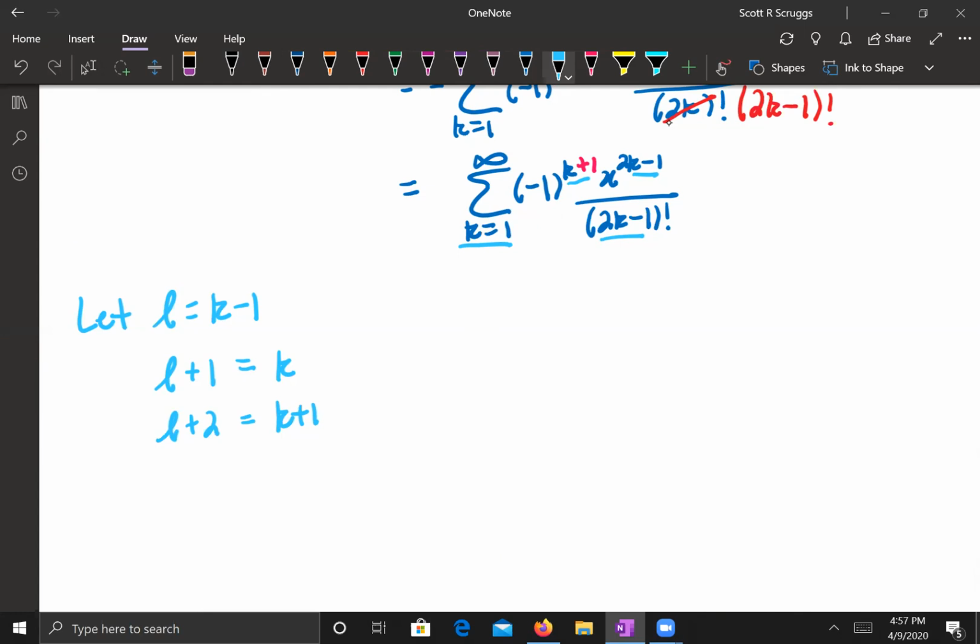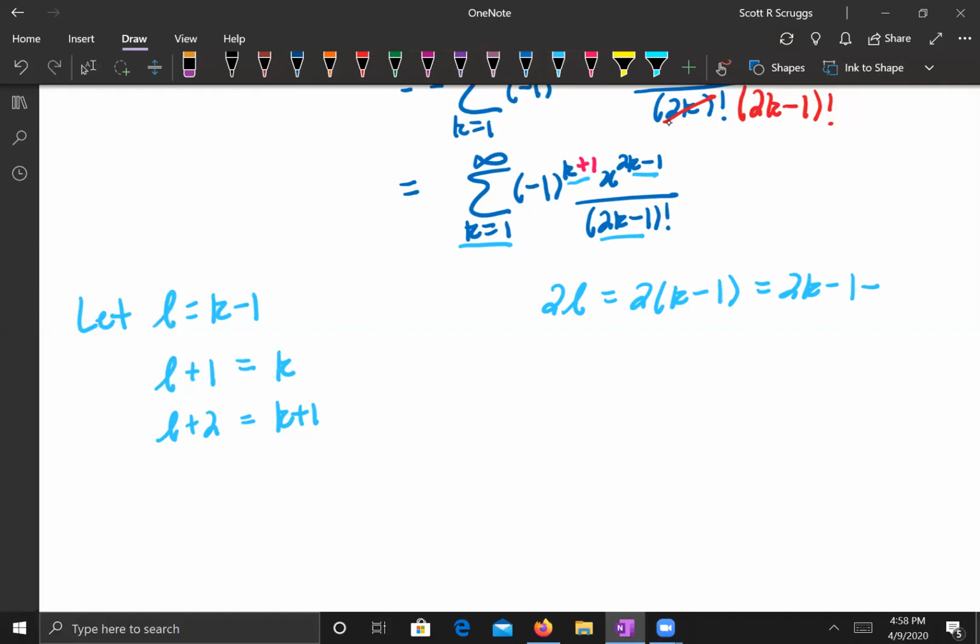Now, I'm going to have to take care of the 2k minus 1. First thing I'm noticing, if I multiply L by 2, it's going to be 2 times k minus 1, which is 2k minus 2 after distributing, which means for me to get to 2k minus 1, I'm going to have to add, oh, nope, that should be another minus 1.